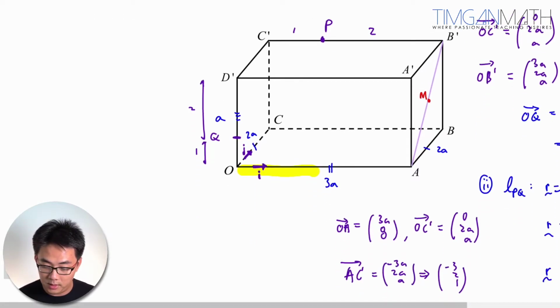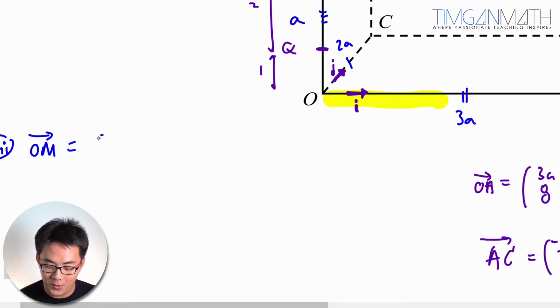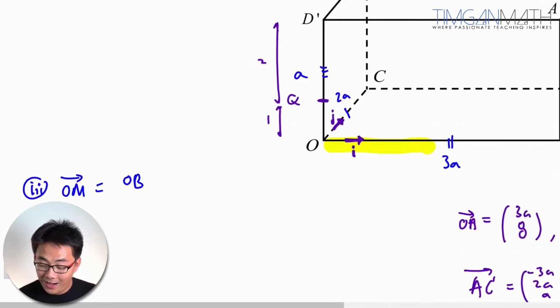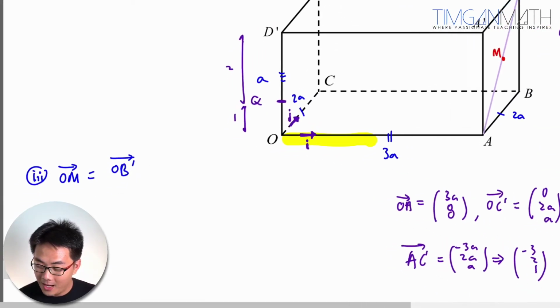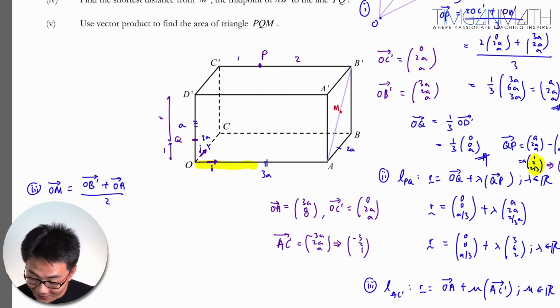So now I basically define OM, the midpoint, right? So part 3, OM will just be OB prime plus OA divided by 2. My B looks like a D, that will cost me a lot of trouble. OB prime will be 3a, 2a, and a.